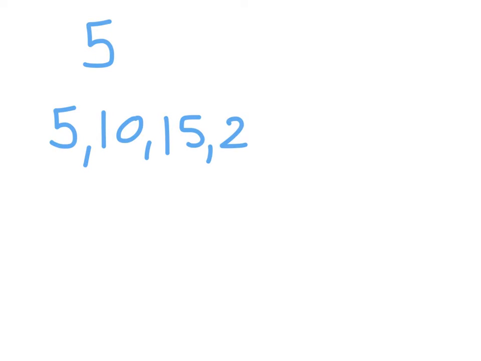And we also talked about multiples. Remember, with multiples, we're multiplying a given number by the other numbers to find the different multiples. So multiples for 5 are 5, 10, 15, 20, 25, and we could continue that pattern.